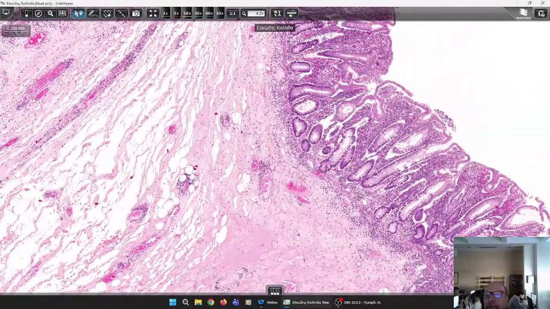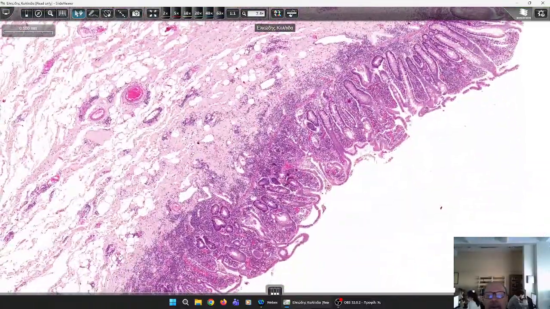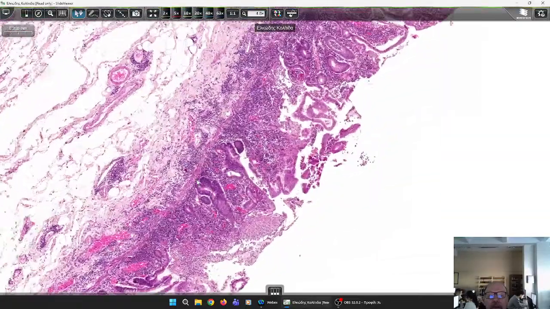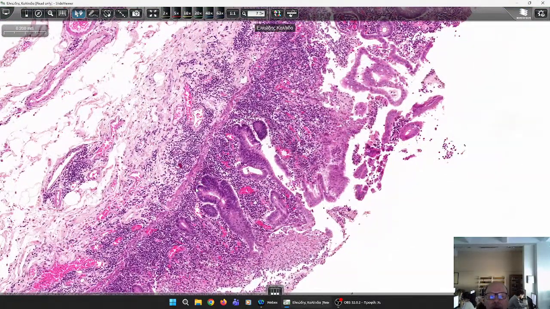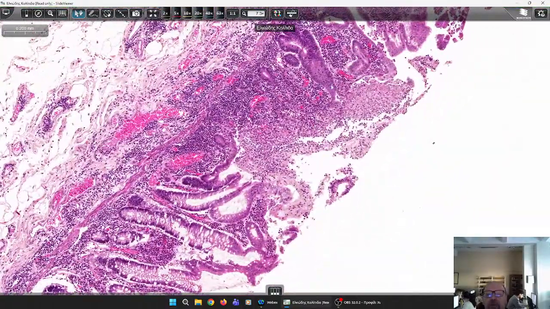Look here. They are no longer in parallel. Look here at this periphery of the crypt. This is architectural distortion.